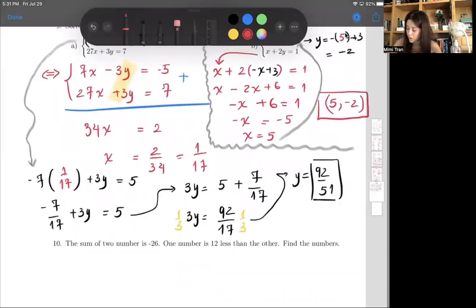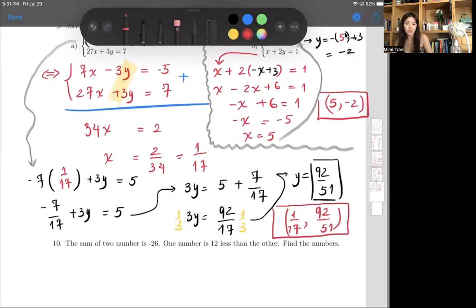So 1/17 and 92/51. The answer is so ugly. I wonder if I did something wrong here. Let me know if you have a different answer, if you want to email me.